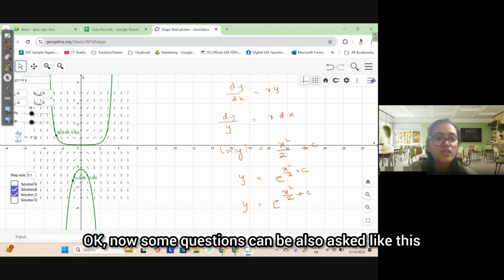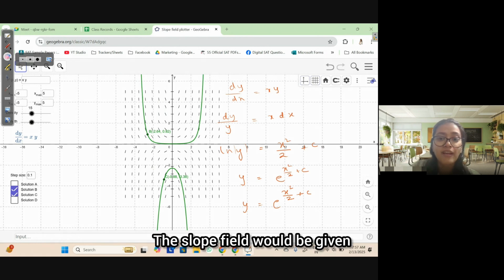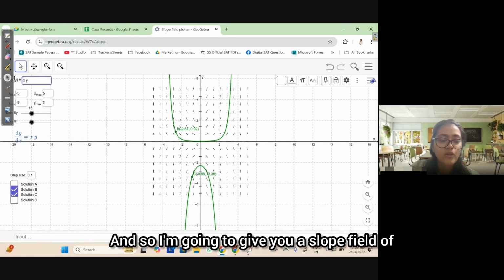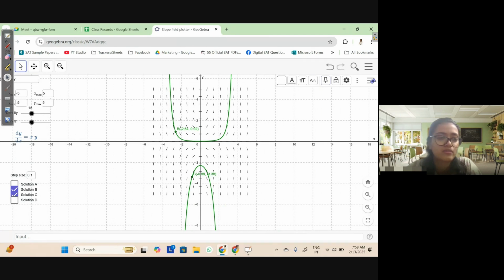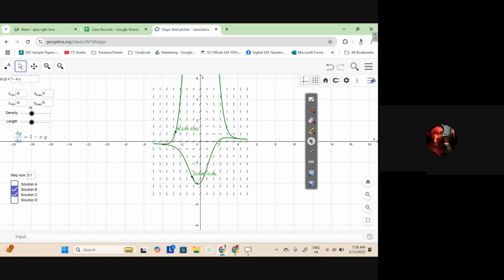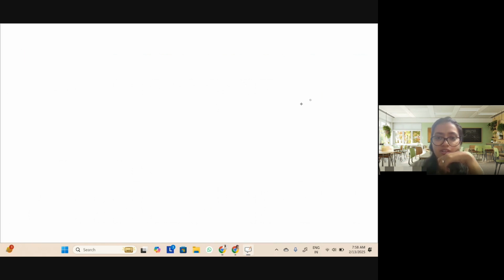Now, some questions can also be asked like this. The slope field would be given. So I'm going to give you a slope field of dy over dx equals 1 minus xy.